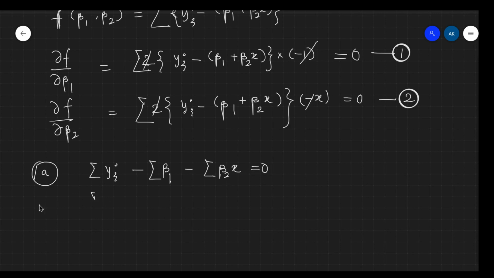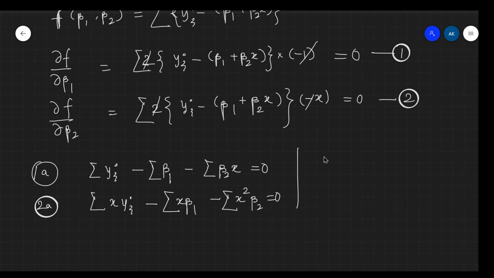And the second equation, 2a, I will write, it is summation x yi minus summation x beta 1 minus summation x square beta 2 is equal to 0. Take the negative terms to the right side.